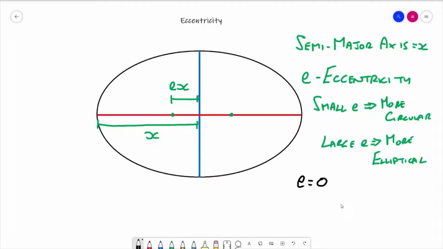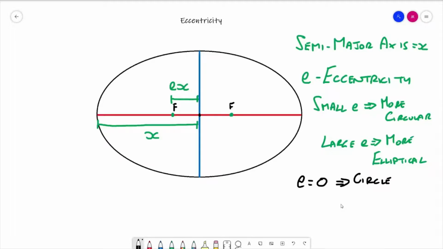What happens at that point is that the two focal points, F and F, both end up at the centre of the ellipse. And if the two foci end up on top of each other, the major axis and the minor axis then become the same length, and we simply know that as a circle.